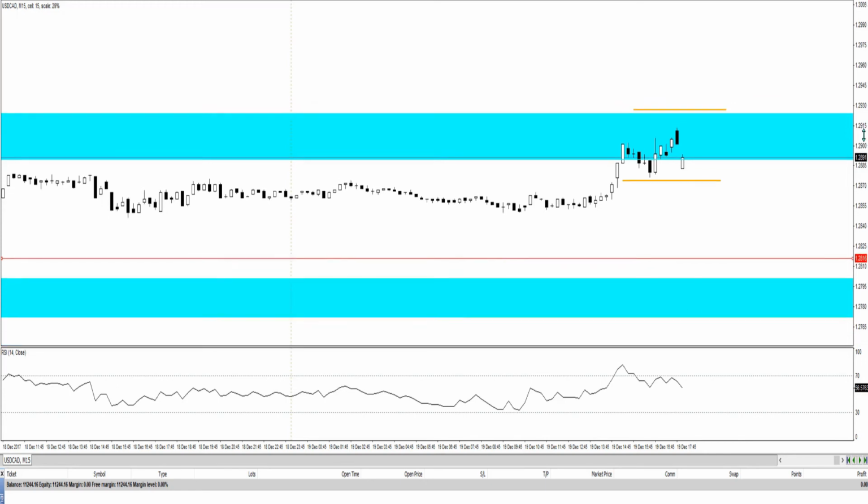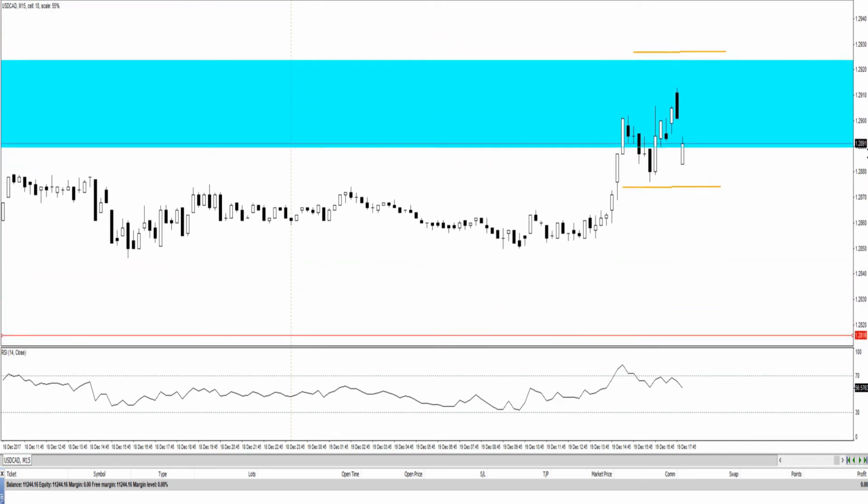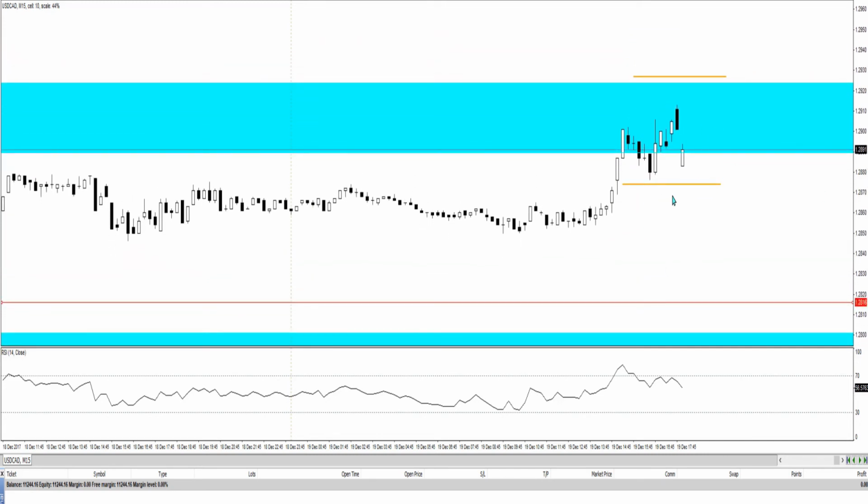But our targets are bigger. Our targets are here and here. So 62 pips in this example is where I want some sort of action. Think about whether you're going to take all the profits off the table, some of the profits off the table, or you're going to do a trailing stop. It all depends on you.